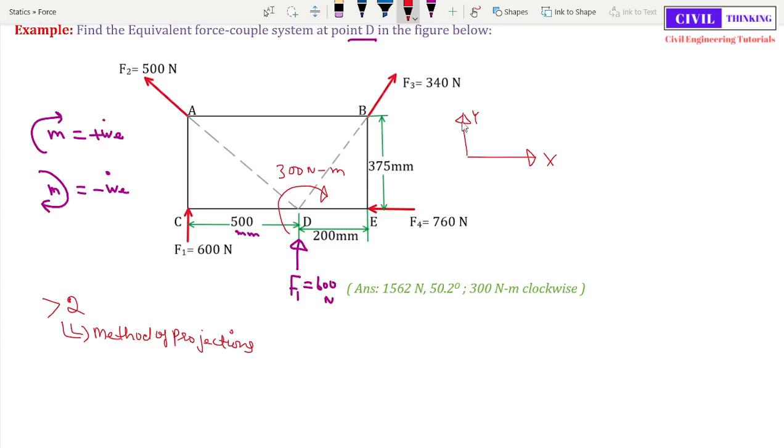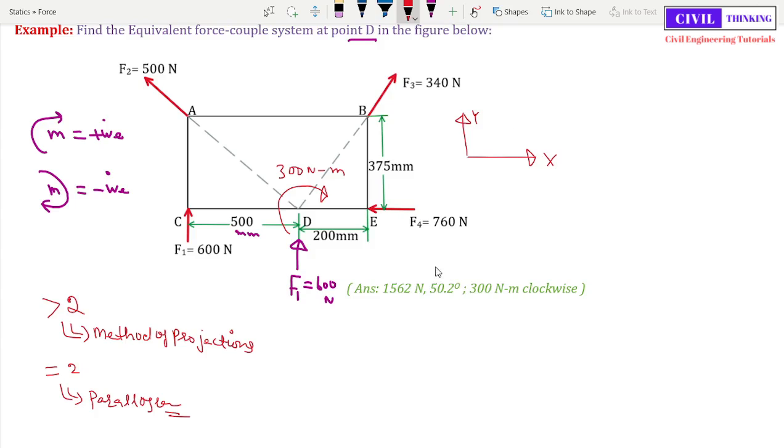Then, because there are only two forces, we use the parallelogram law of vector addition, or the right angle rule or triangle rule. Whatever you use, the results are the same.